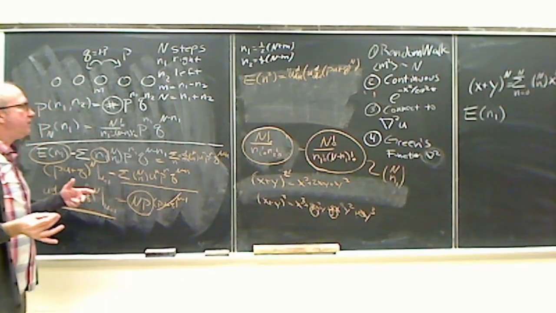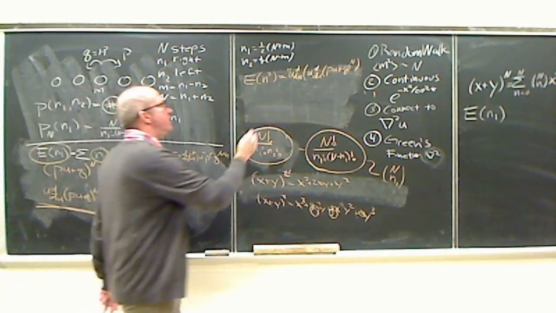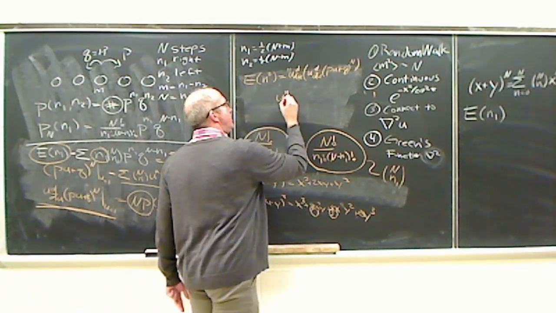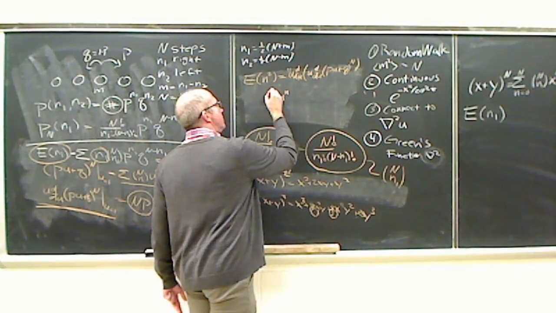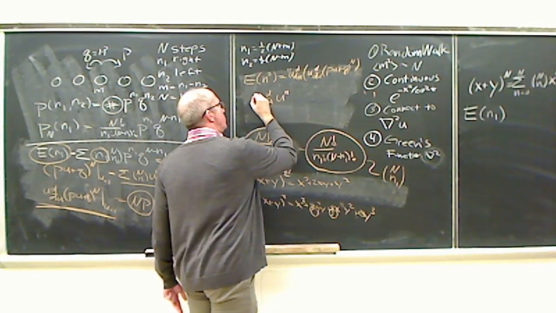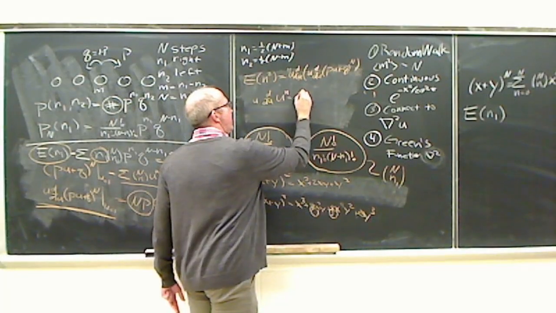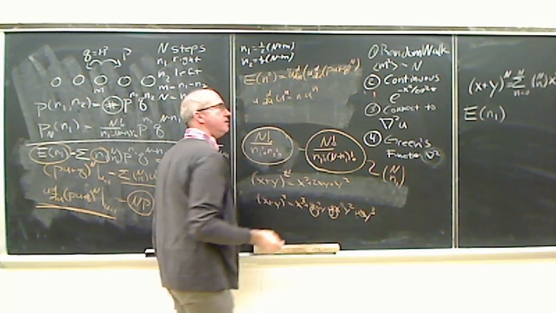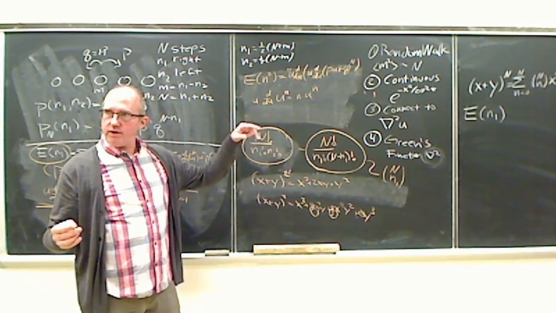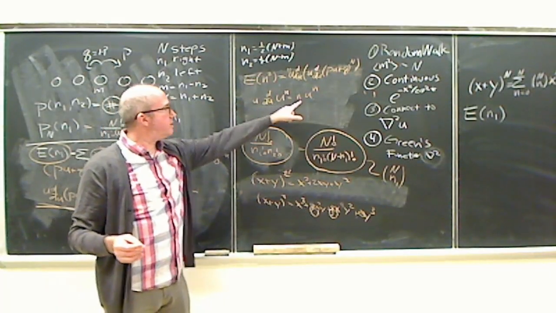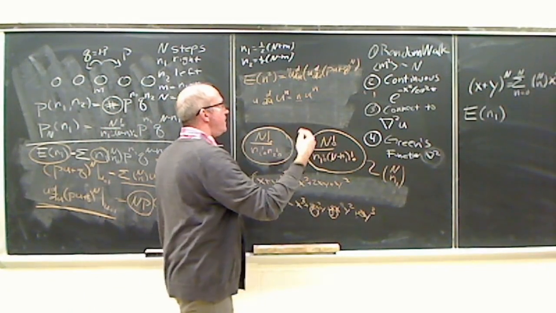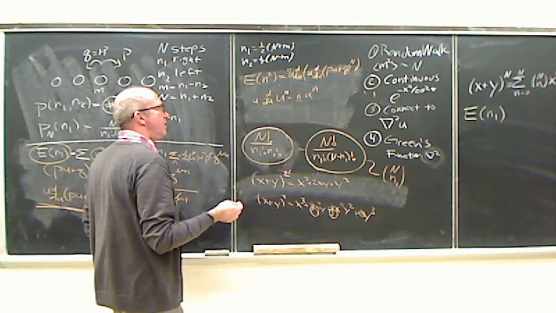So why does this work? It works because if I have u to the n, and I take d by du of that and multiply by u, I'm just left with n times u to the n. You get a minus 1 from the derivative, and then this u brings it back. So I haven't changed the function at all.